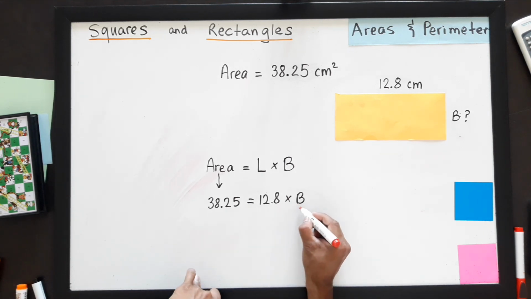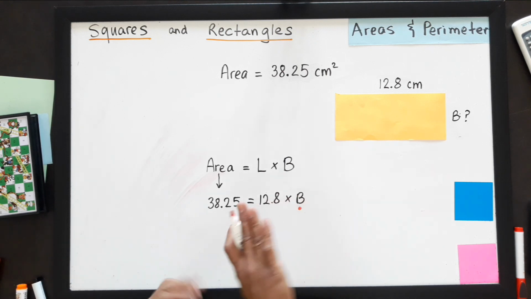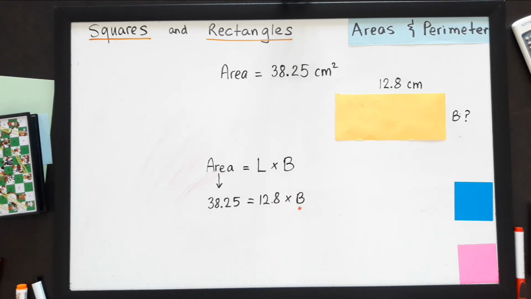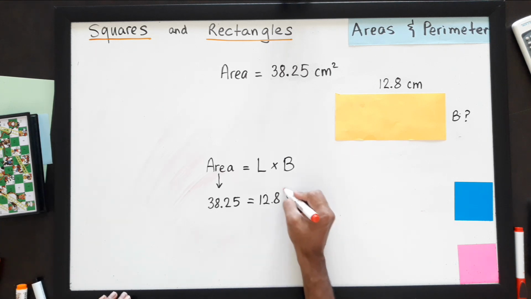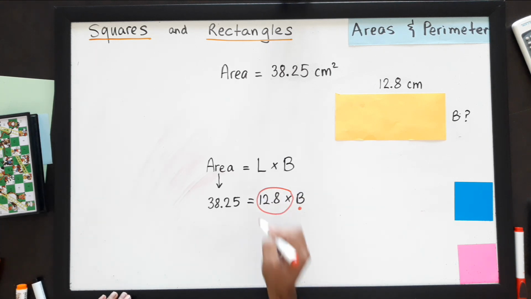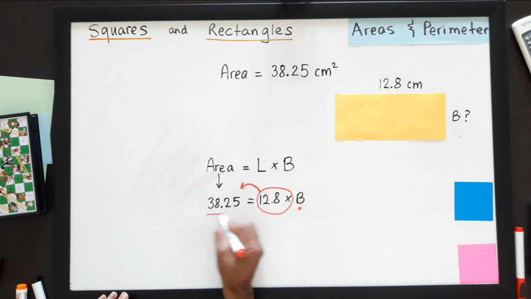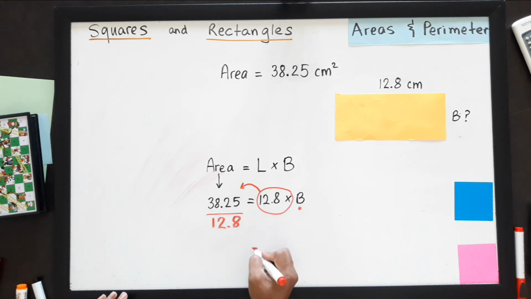If we are trying to solve for b, that means we need to get b on one side and everybody else on the other side. So this 12.8 is a multiply. When you throw across a multiply, you will get a divide. So let's divide it, and notice b alone is on one side now.